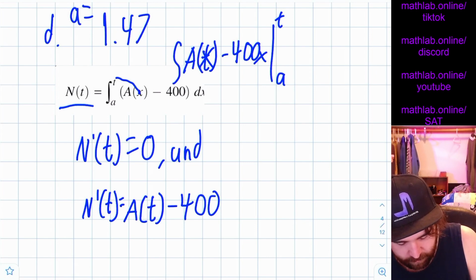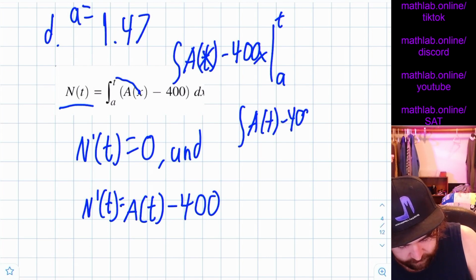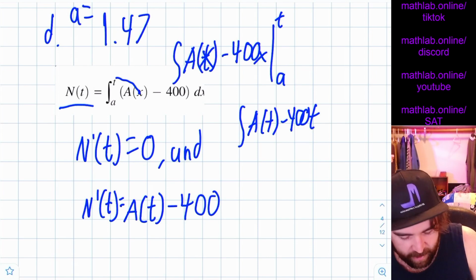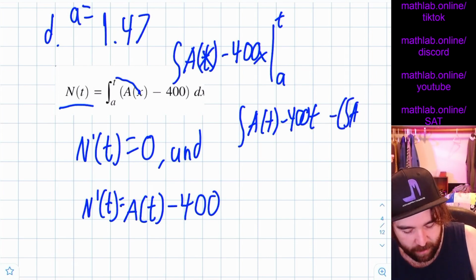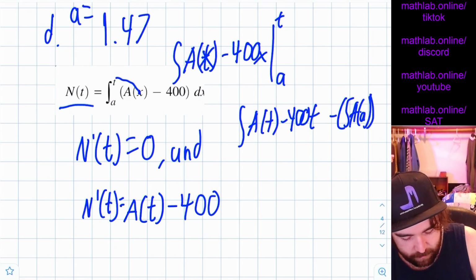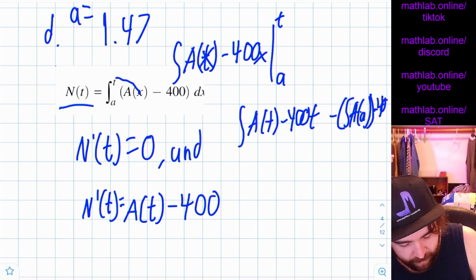So it'd be the integral of a of t minus 400t, and then minus the integral of a minus 400a.